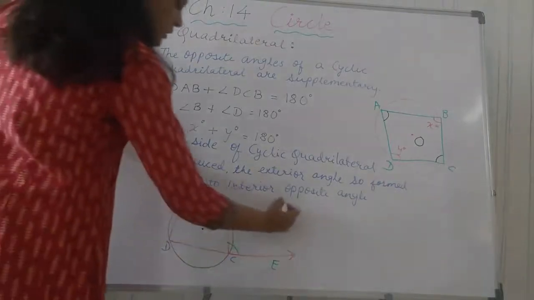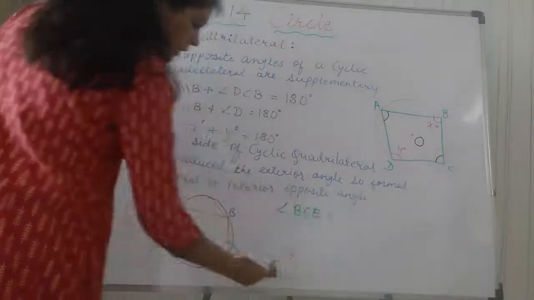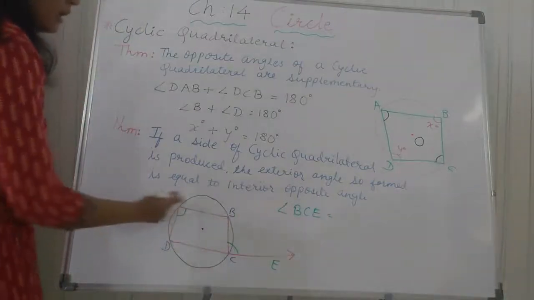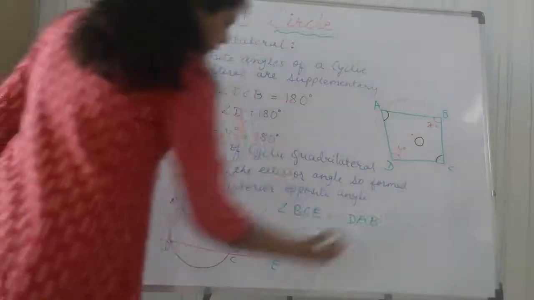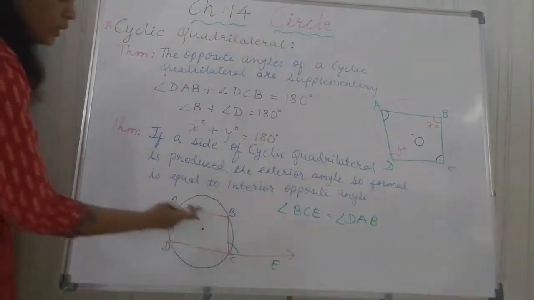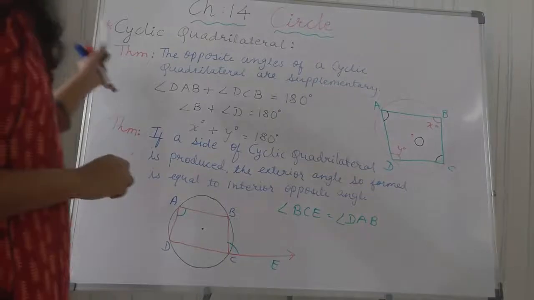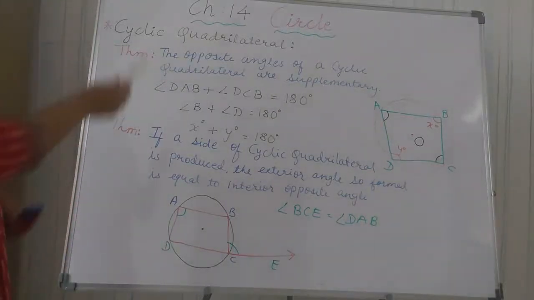Angle BCE, I have written here E, BCE equal to angle DAB. Always students, the exterior angle so formed is equal to the opposite interior angle. So these are the two main theorems of cyclic quadrilateral, and you have to remember what we have studied.